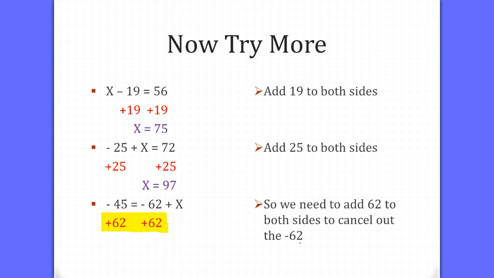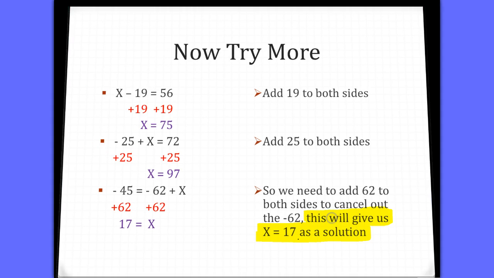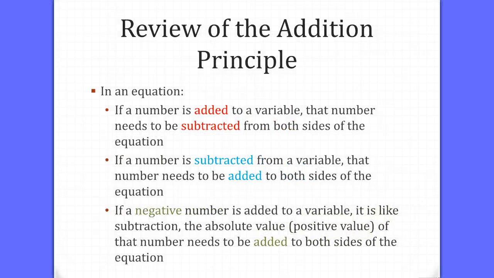That cancels out the negative 62, and negative 45 plus 62 will keep the sign of the larger, positive. Subtracting the numbers, we will get 17 equals x. So x equals 17 is our solution.